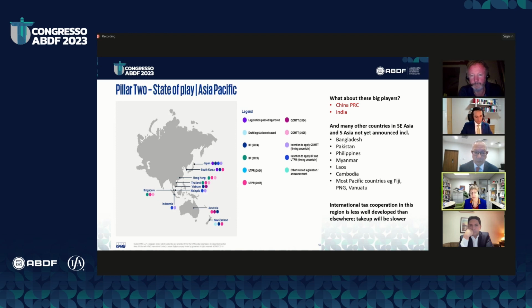So it would seem that India would like to adopt the effective minimum tax. They have also been recalibrating their relationship with Mauritius in particular, which is an important treaty hub for investment in and out of India. But we don't know for sure what they are going to do. The other point here is that there are many other countries in Southeast Asia and South Asia.